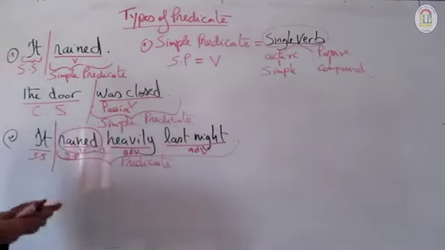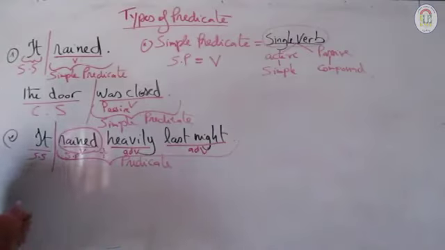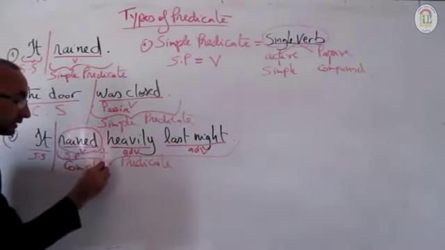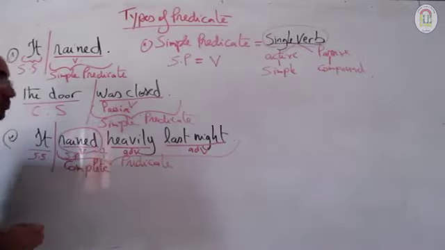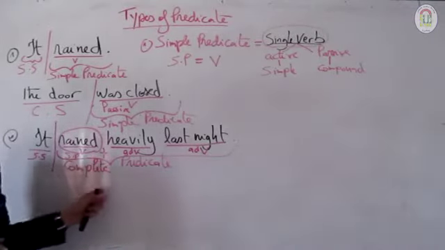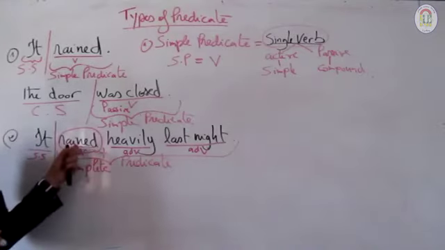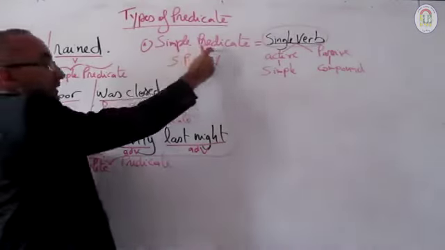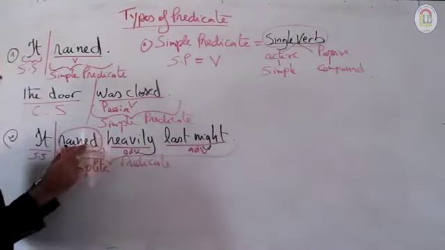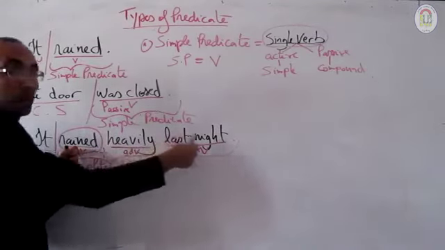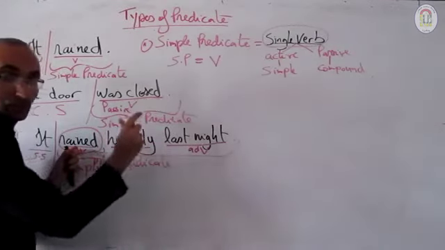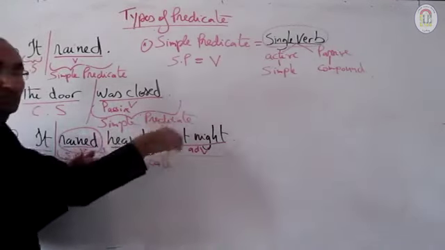In this case, we call this type complete predicate. So, the complete predicate equals the verb or simple predicate plus modifiers, or plus objects, direct and indirect objects, or plus complements, or plus everything together.